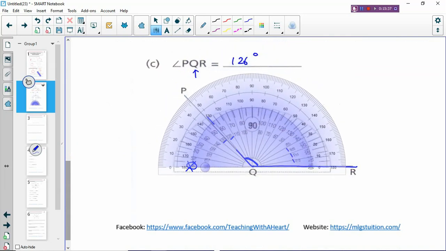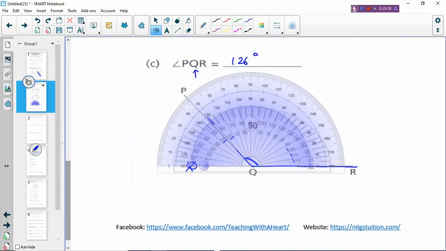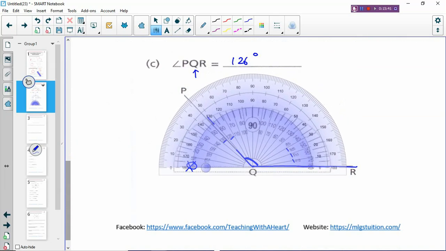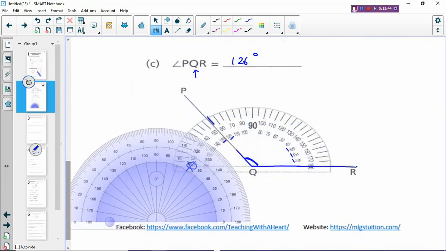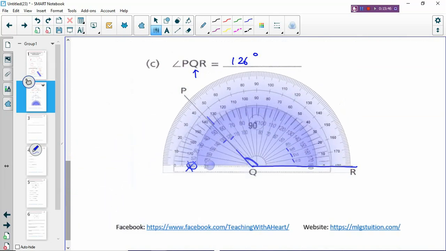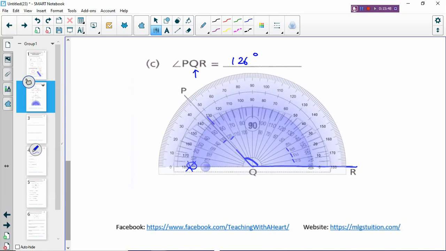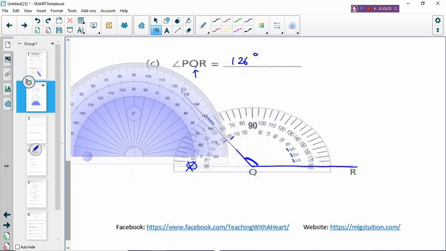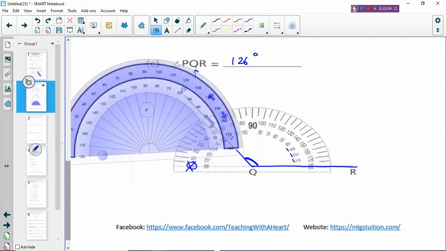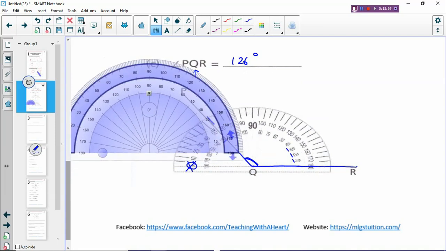So what angle is that? Well, it's not drawn to scale. So I can't put it onto the drawing because the drawing is not exactly drawn to scale. So let me just show you over here, how to read the protractor.